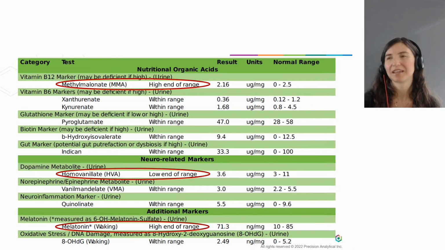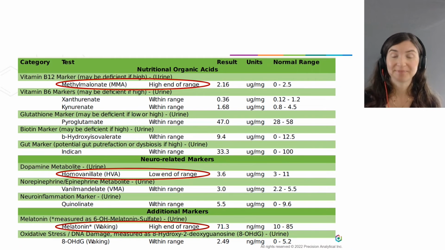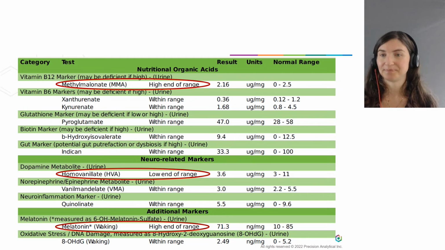So if there's not a lot of B12 around, MMA can back up in the urine and the serum. You can do this test in the serum too. So hers is on the high end of range, which means she could be low in B12. And we definitely know that B12 is important for methylation. We'll talk about that more.